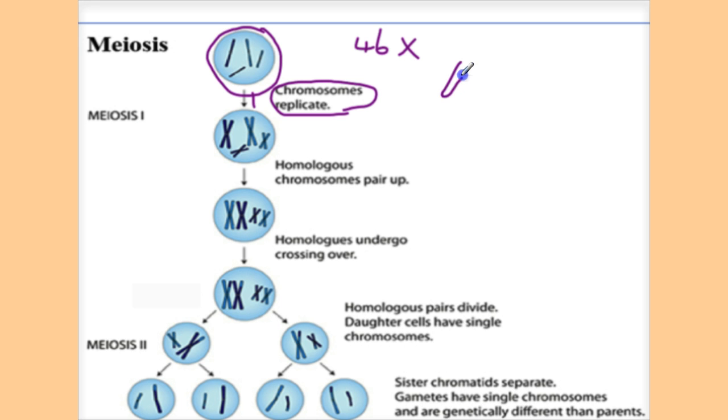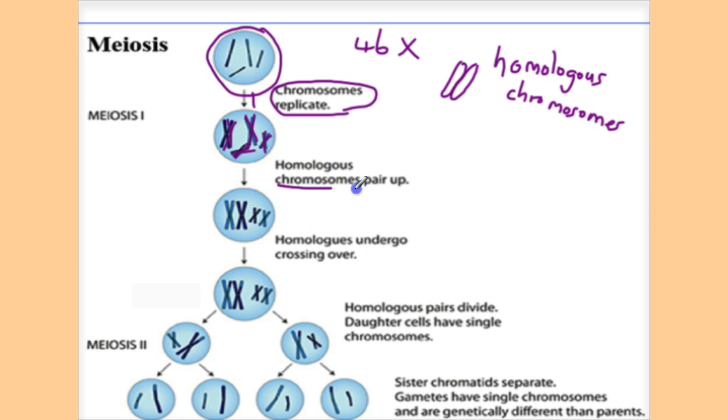Chromosomes that are of double strand and that are in pairs are called homologous chromosomes. So the first step of meiosis is that the chromosomes replicate and the homologous chromosomes start to pair up. As you can see, they pair up based on length and the genetic information that they have.